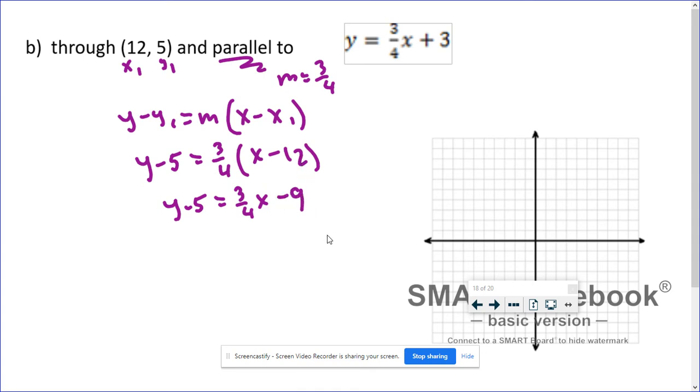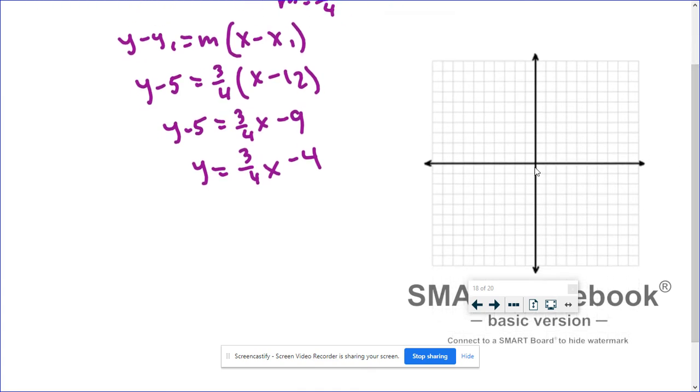And then when I add 5 to both sides, I get that. So -4 is the y-intercept, and then 3/4 would be up 3 and right 4. And you draw your line through the points.